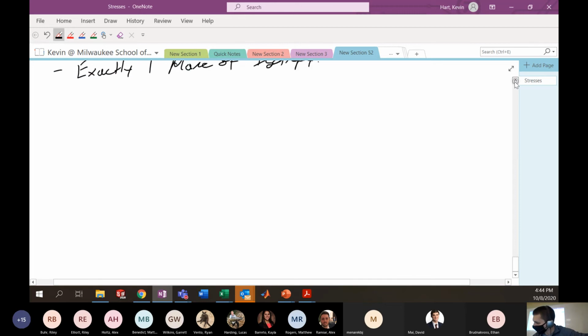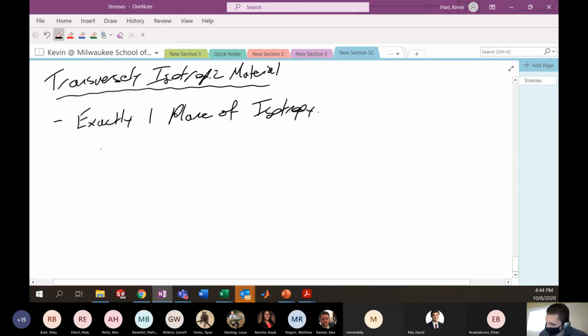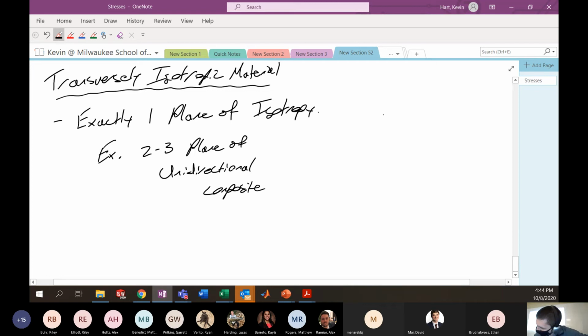And an example of a plane of isotropy is the 2-3 plane of a unidirectional composite. Remember, your 2-3 plane would be like chopping through the fibers in the 2-3 plane, and you would see something like this.